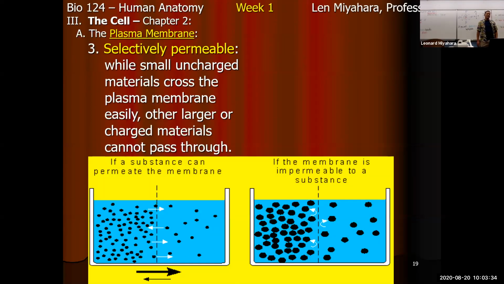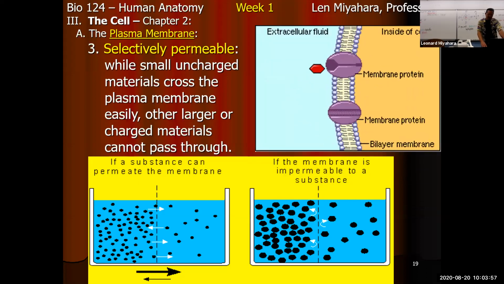The plasma membrane has, as one of its characteristics, selective permeability. Selective permeability simply means some things go through easily, other things go through but with more difficulty, and other things never go through. And you can see it in this animation. Okay?